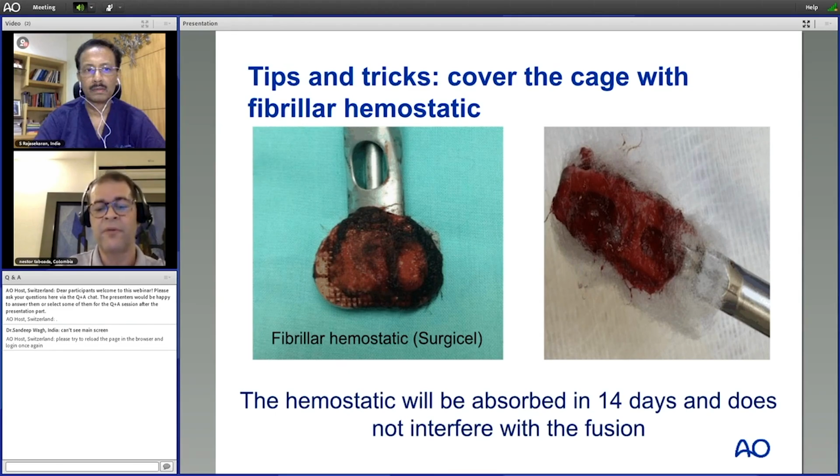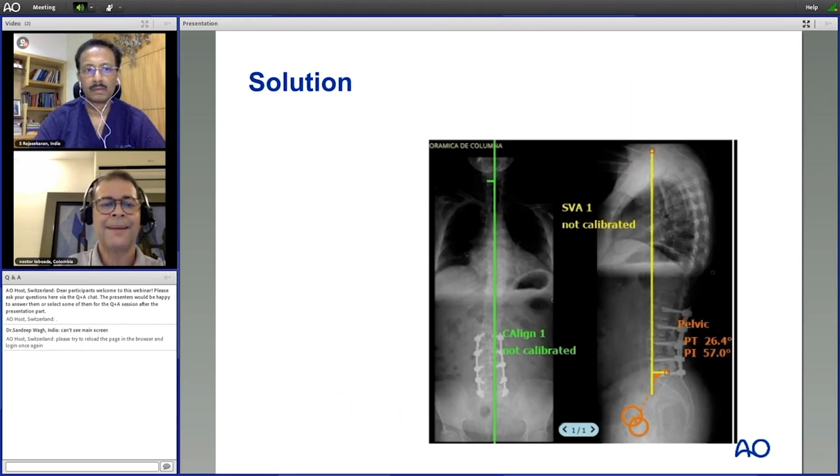The hemostatic will be absorbed in 14 days and does not interfere with the fusion. And in the image, you can see the solution.